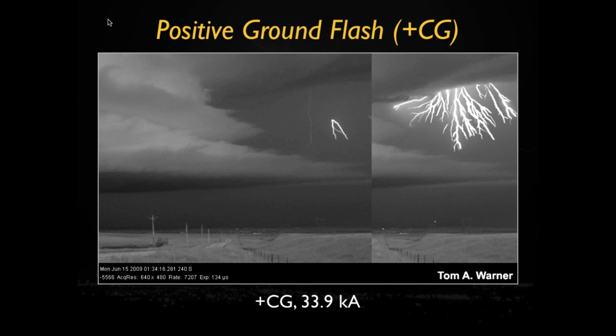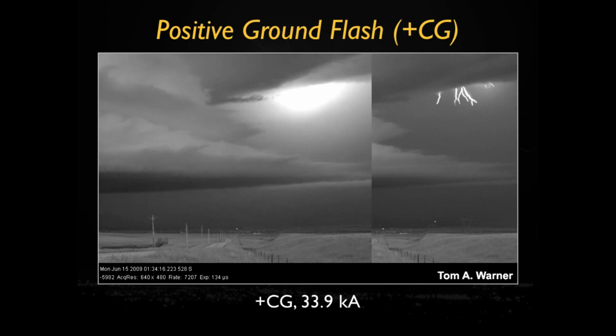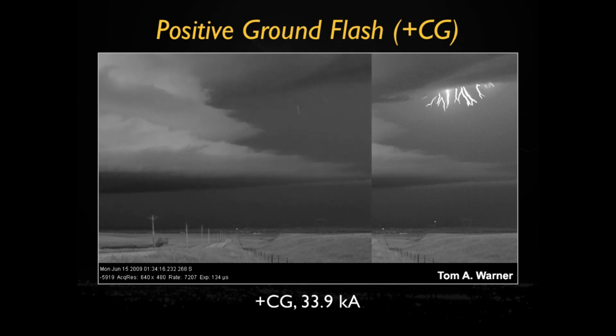And talking with our colleagues in Brazil, kind of the opposite is the case, in that they typically see the bright, non-branching, meandering positive leader, and then rarely see this behavior with the branching and the recoil leader production. So on the right, this is going to be a time integrated example of this flash.